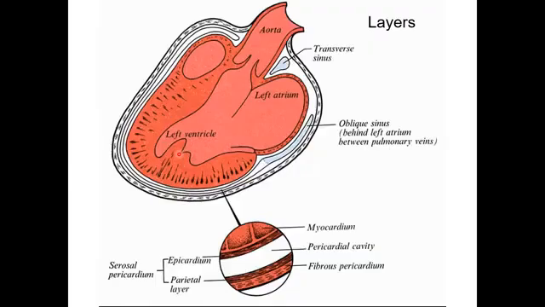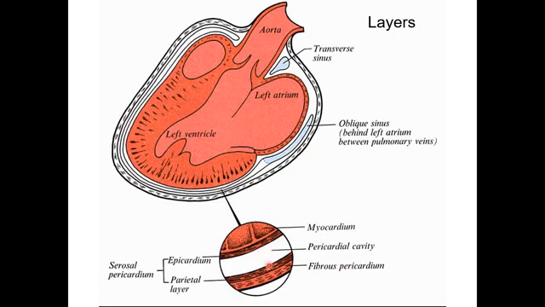اللي يميز البريكارديوم عن البلورا والperitoneum is that it has an additional third outer layer. هذا اللاير مكون من fibrous tissue ونسميه fibrous pericardium. So we have three, not two layers. If we take a section here, so with the heart, we can see that the outermost layer is fibrous tissue called the fibrous pericardium.